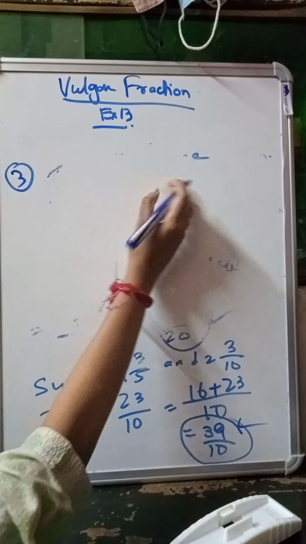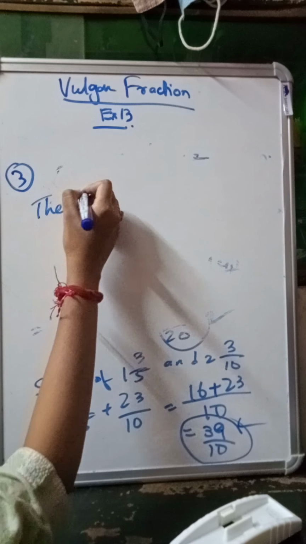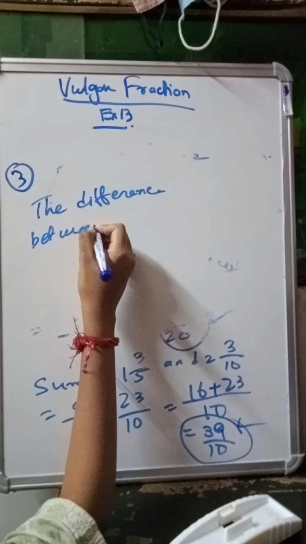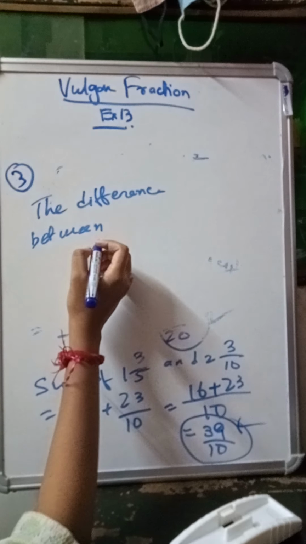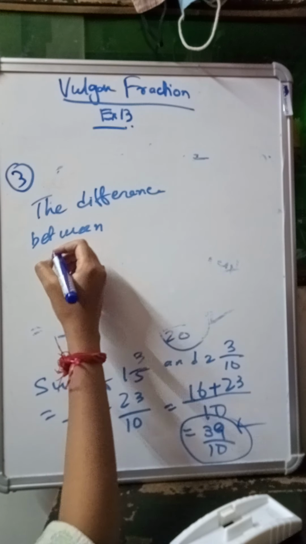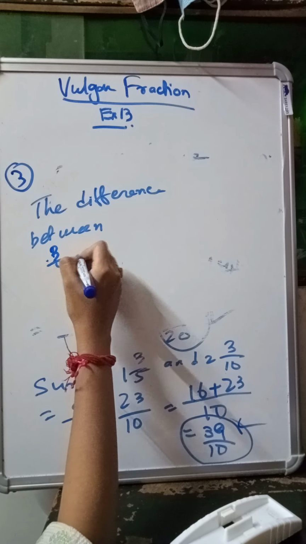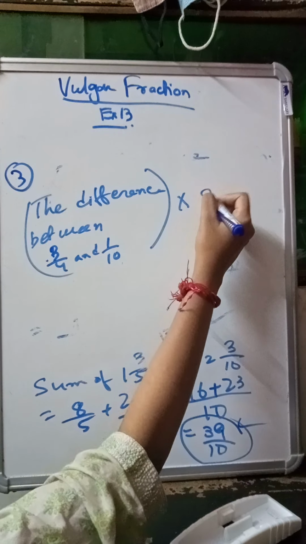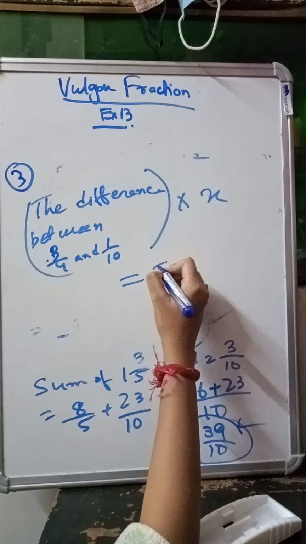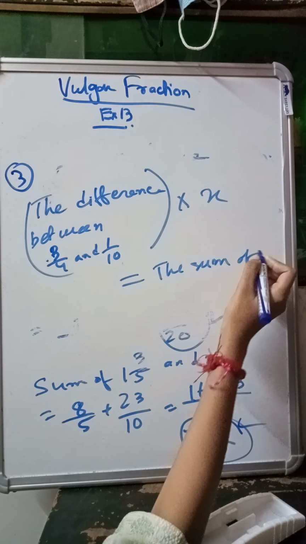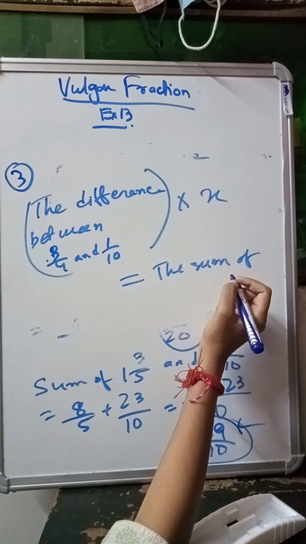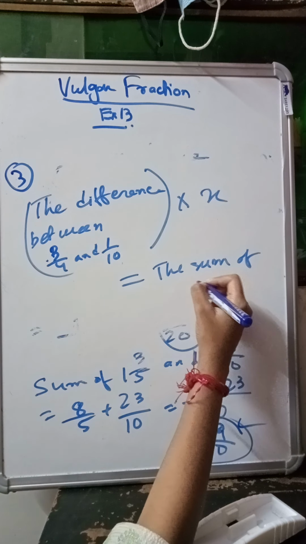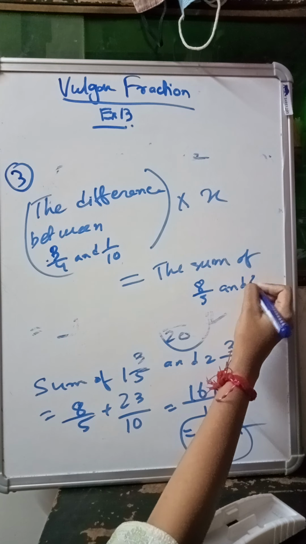That is, the difference between 3 by 4 and 1 by 10, this whole thing multiplied by something, say x, will give the sum of these two numbers, that is 8 by 5 and 23 by 10.